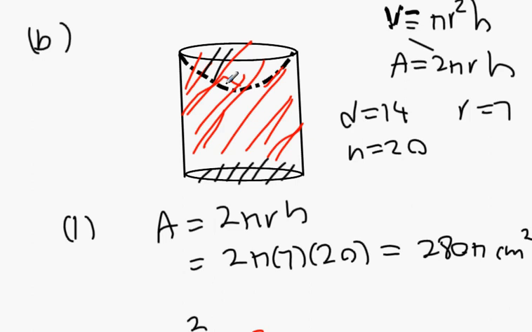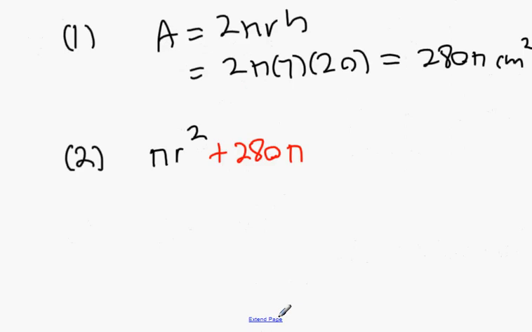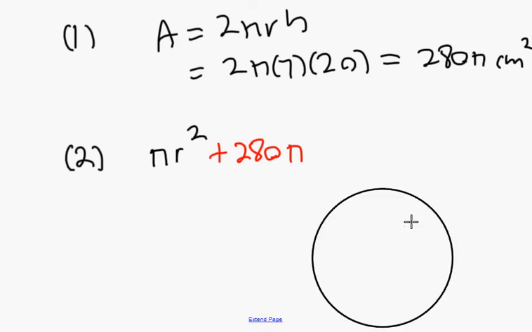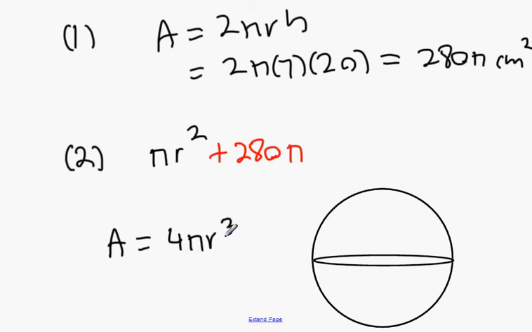Now that brings us to the hard part of the question. What do you do about the semicircle? Okay? Now, first question I've got to ask you is, if we have a full sphere, okay? Full sphere. First of all, the area of a full sphere is what? 4 pi r squared.